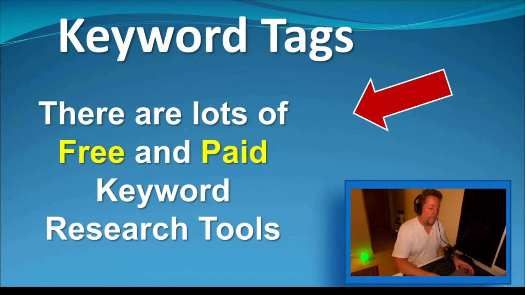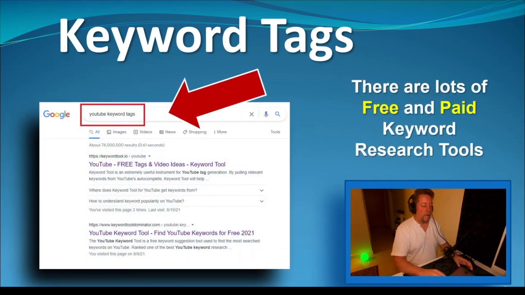So, all right. Aside from TubeBuddy, there's other resources that you can use. One thing you can do is just go to Google and search for free keyword tags, or YouTube keyword tags.